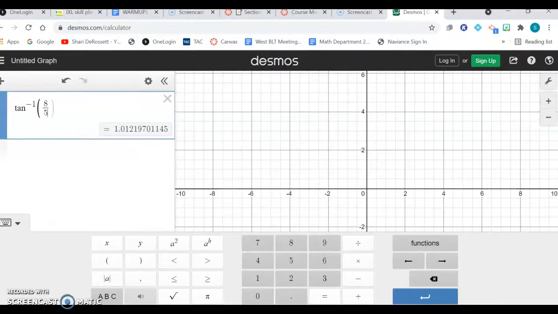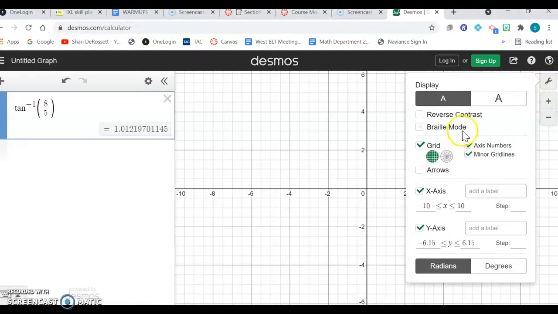You have to come up to this little wrench and make sure that you're using degrees. See how down here it says radians and radians is highlighted? We're not using radians, we're using degrees. It's a shame because the default on this is radians, so every time you come in to use Desmos, you're going to have to switch it to degrees. And see how now it gives us the right answer, 57.995 degrees. We get the same thing.